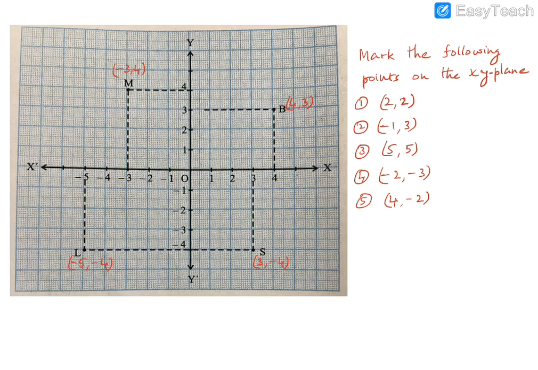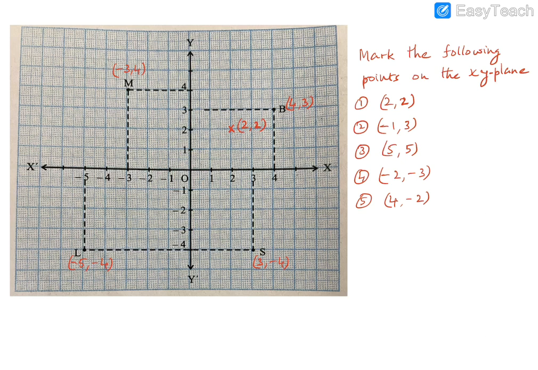The value of the y coordinate is 2 here without the minus, so we go in the upward direction to 2 on the y-axis. So we will get the point here. I'll mark these as crosses. So that's our 2, 2. The x coordinate for that point is 2 and the y coordinate for that point is also 2. So that's our point 2, 2.